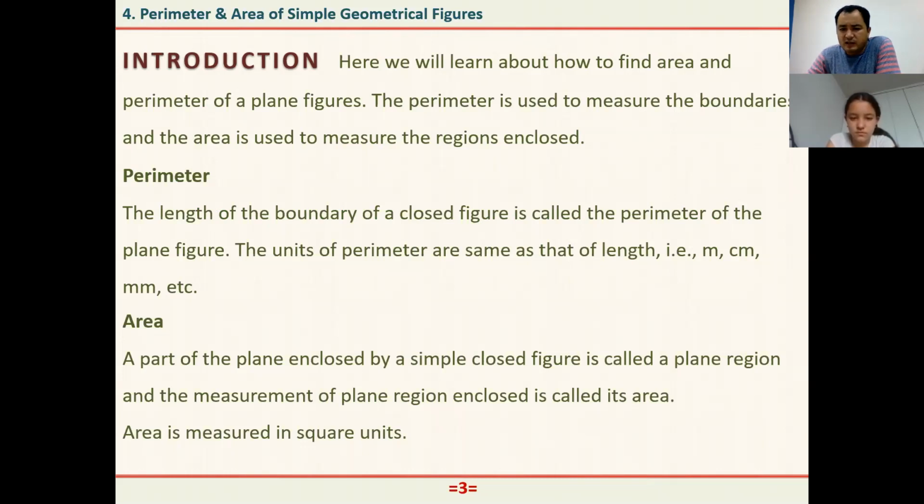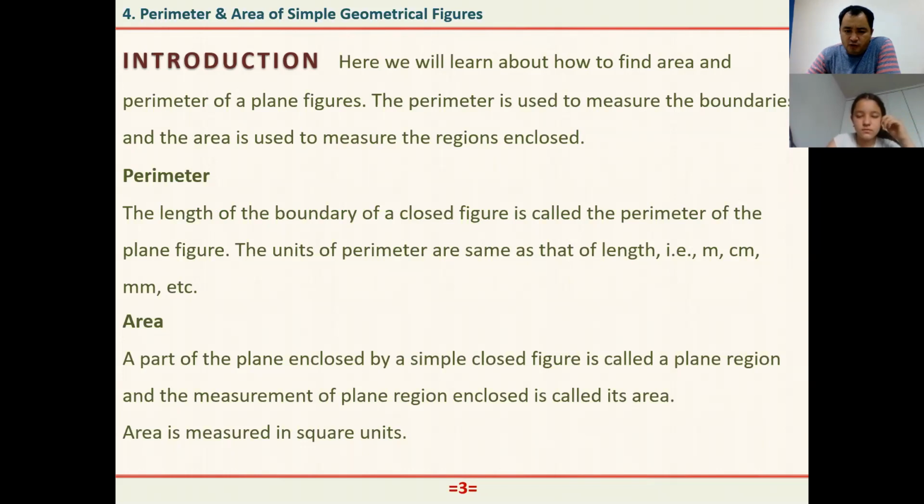When we talk about simple geometric shapes, the first thing that comes to mind is a triangle, then maybe a rectangle, a square, and then maybe a trapezium, parallelogram or circle. These are very basic geometric shapes, or a rhombus or kites, for example. We are going to talk about this kind of figures.